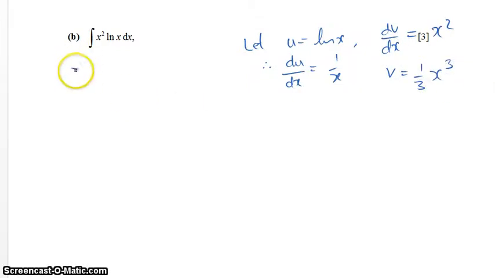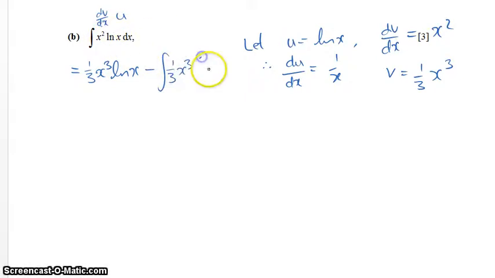So using by parts, this then becomes uv minus, and then swap them the other way around. So uv would be 1/3 x cubed ln x minus the integral of, and then swap them around, 1/3 x cubed times 1 over x dx.